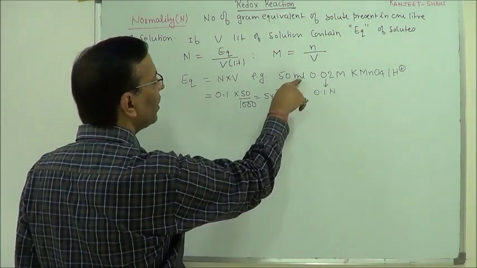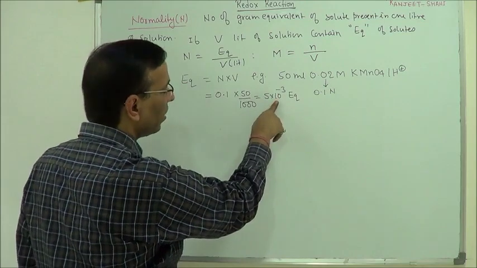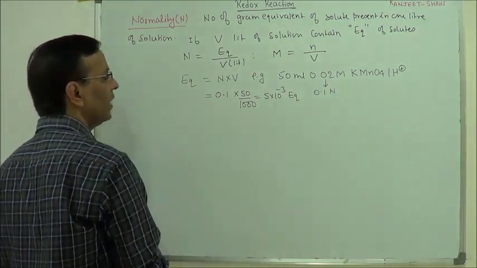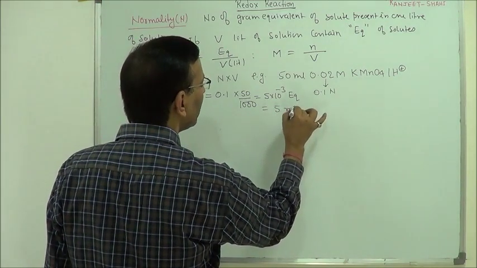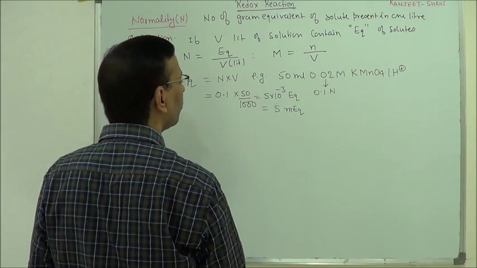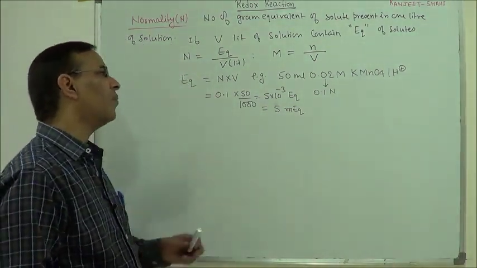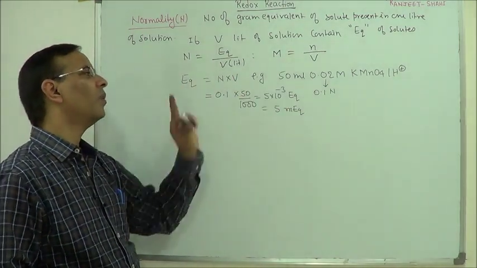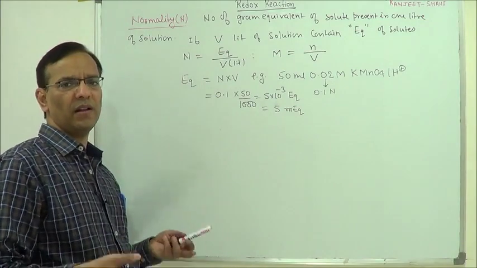Volumes are usually given in milliliters, so we always obtain this factor of 10 raised to the power minus 3, which is called milli, factor of milli. So it can be written as 5 milli equivalent. So if we multiply normality directly by volume in milliliter, we will obtain milli equivalent rather than equivalent.